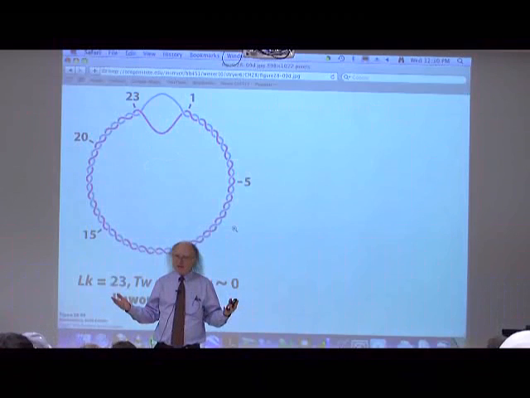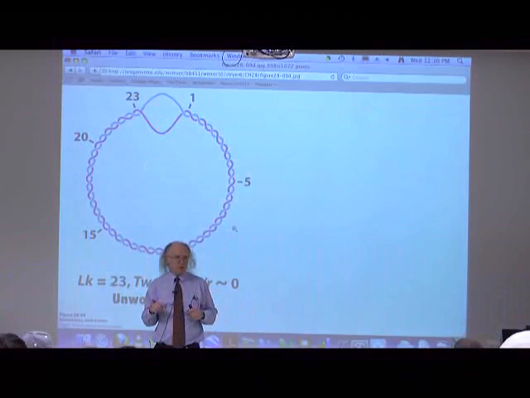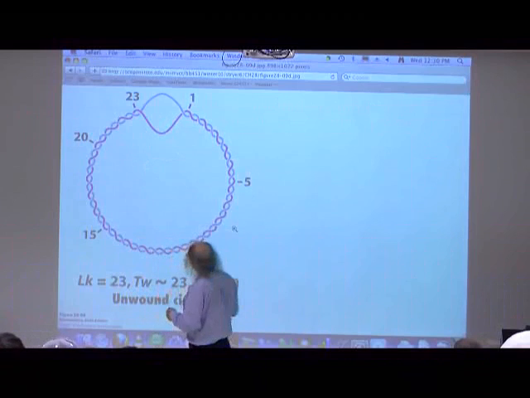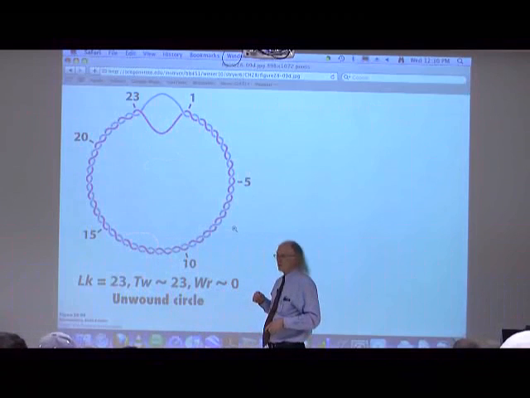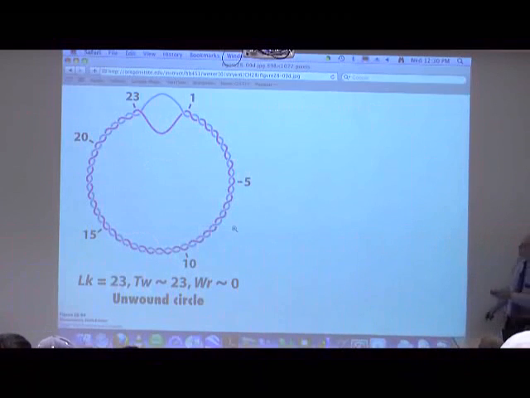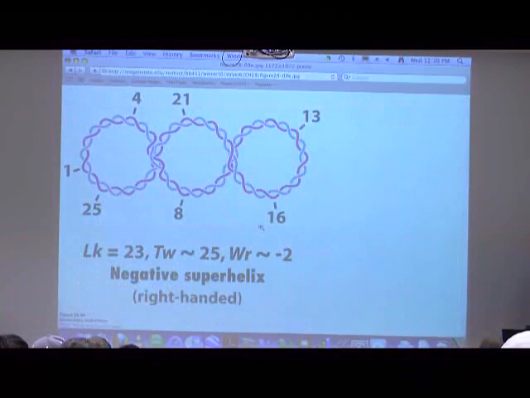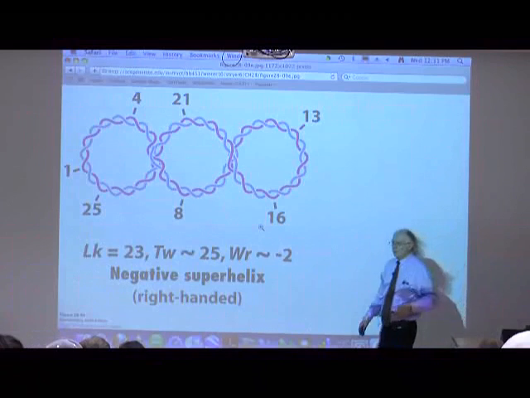It's that desire to get back to 10.5 base pairs per turn, in this case 25 turns for this molecule, that gets us the supercoiling that occurs. So what will happen is the following. Notice that I have 23 turns in this molecule. This is the same molecule.